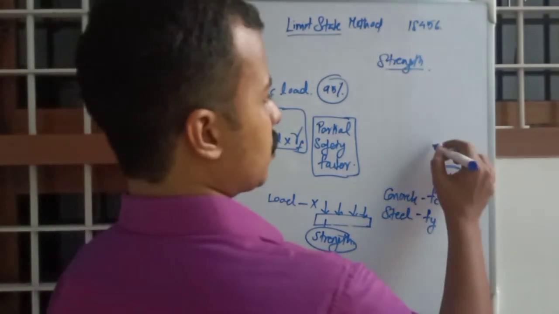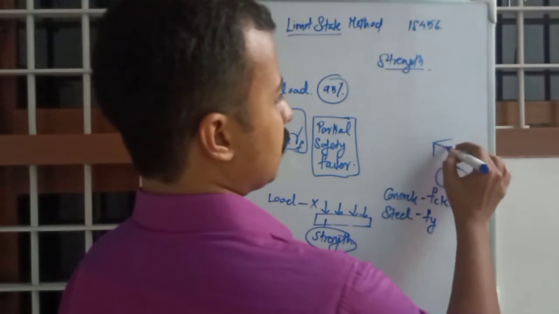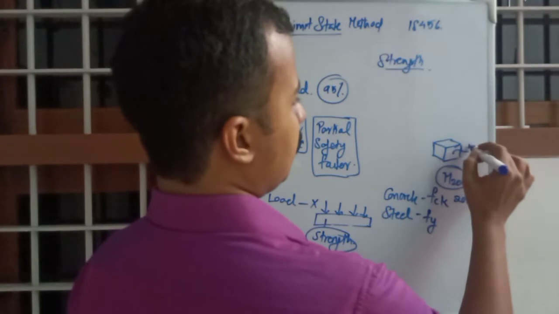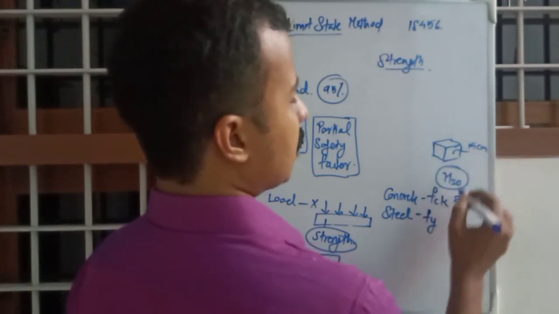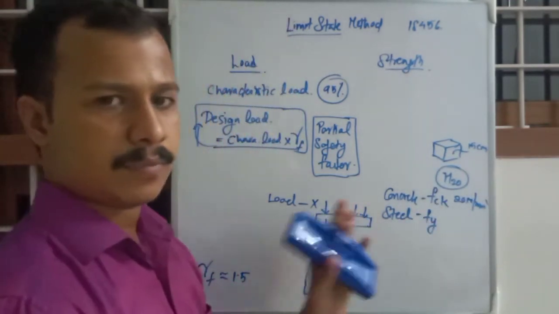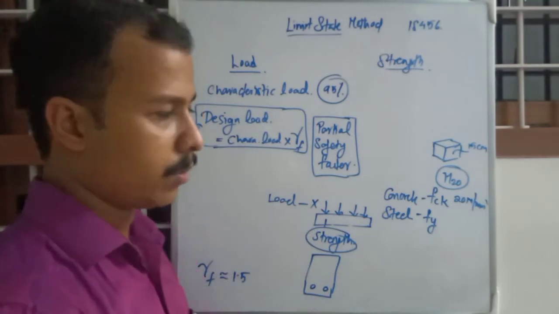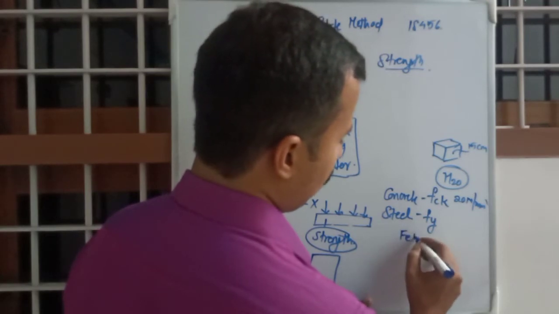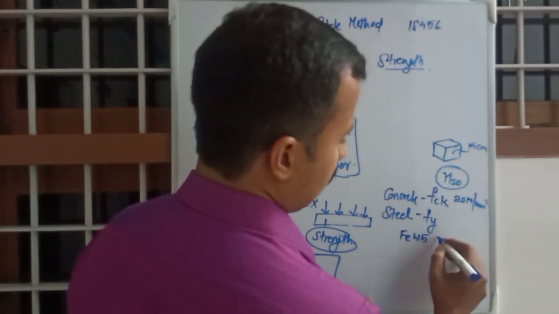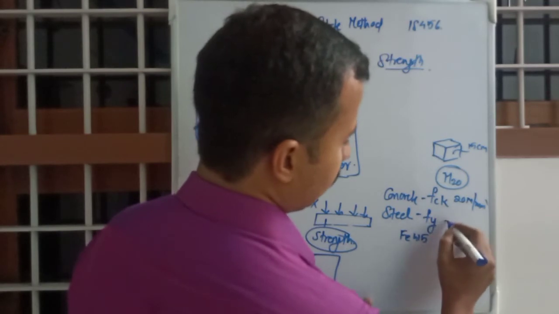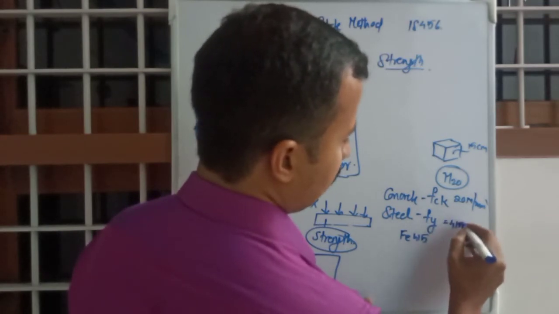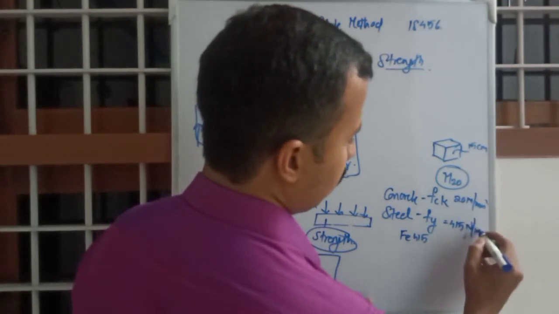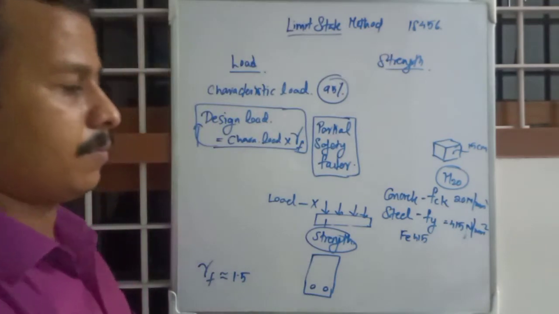That will be tested by a universal testing machine, as we said earlier, for a 15 centimeter side concrete cube. And for steel, if it is Fe 415, fy will be 415 Newton per mm square.